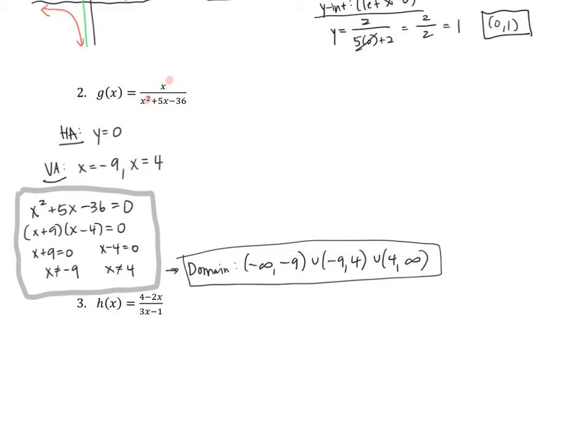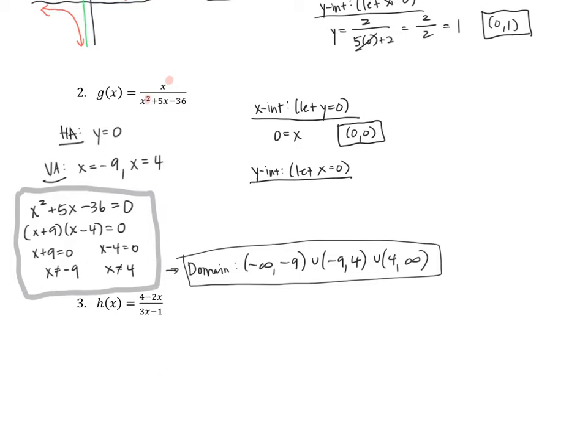All right, and now we need to find our x-intercepts and our y-intercepts. So to find our x-intercepts, we're going to let y be 0. We're just looking at the numerator. So we're going to have 0 equals x. Well, there we go. That's our x-intercept. 0, 0. For the y-intercept, we're going to let x be 0.